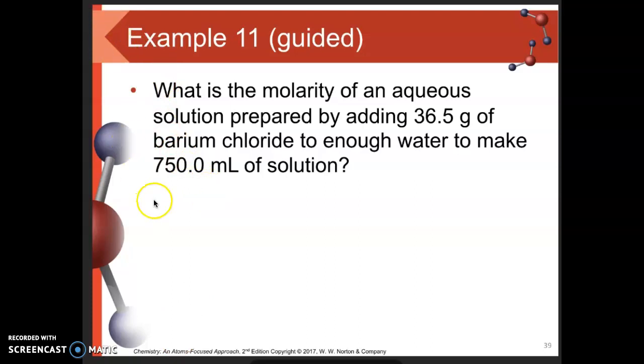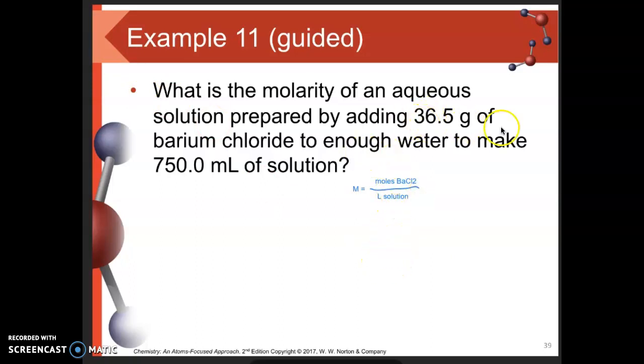First of all, I've got to keep in mind my equation. Molarity is equal to moles of barium chloride divided by liters of solution. Okay, so that's where I'm going.